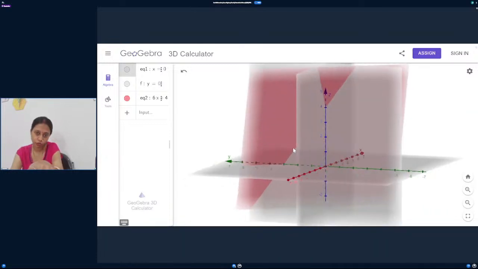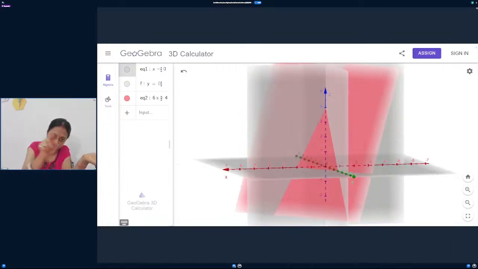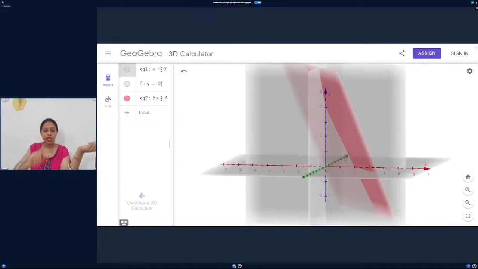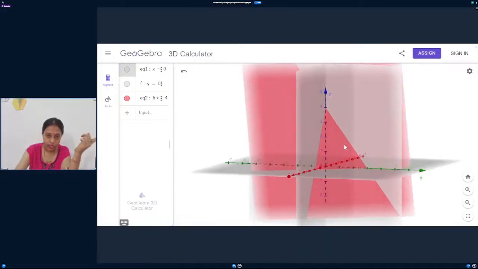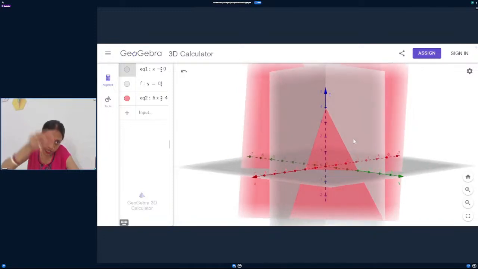In the third octant also, I can say it's an inverted, upside down triangle, and over here also. But in the first octant, it's exactly the triangle. One more point. In that first octant, can you see where it intersects? What is the intersection point of that plane with the z-axis?